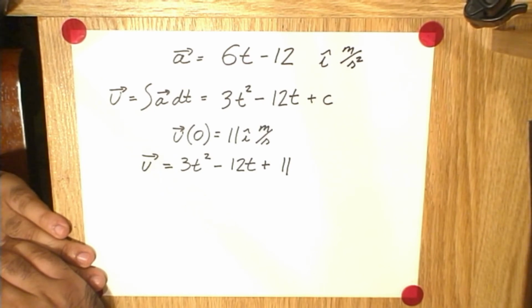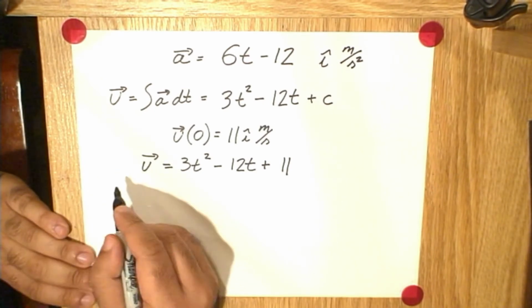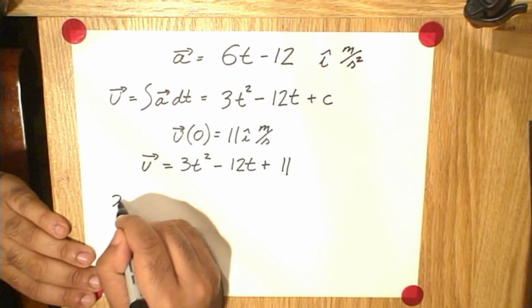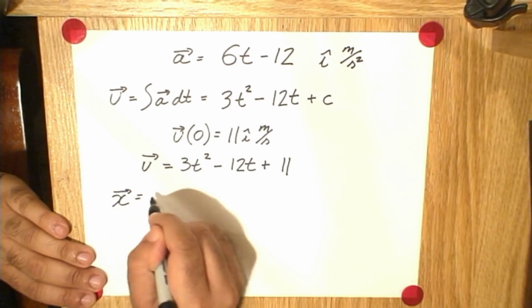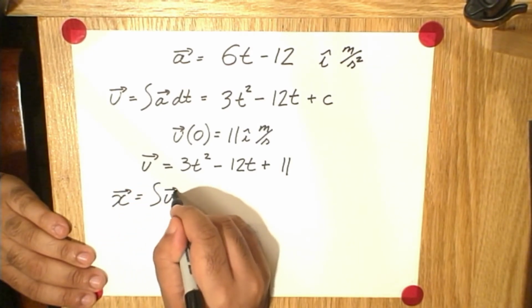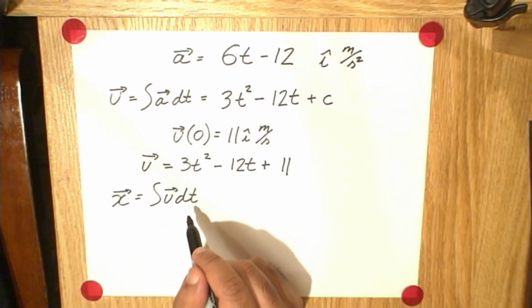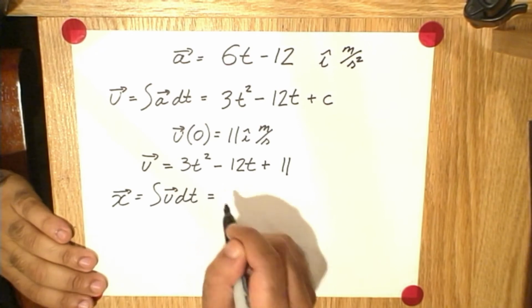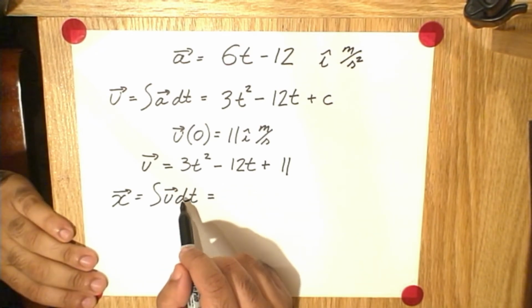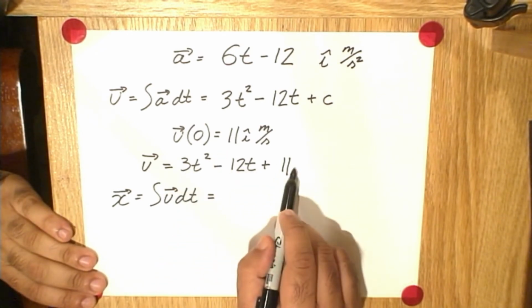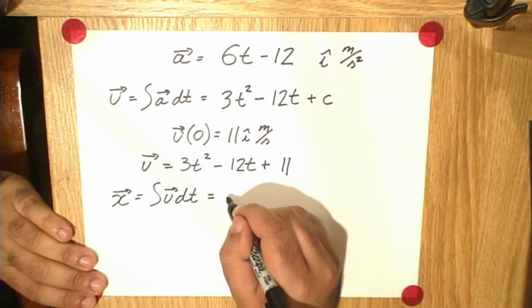Now, to work out the position with respect to time, we just do this entire process all over again. This time we need to integrate the velocity. So we find the antiderivative of these terms one at a time.